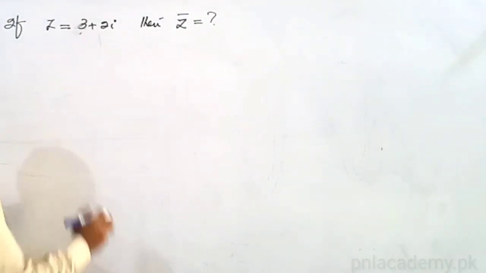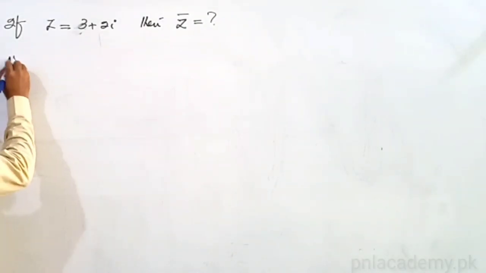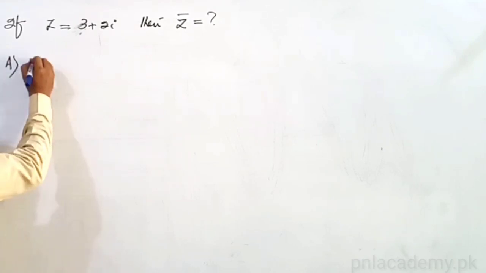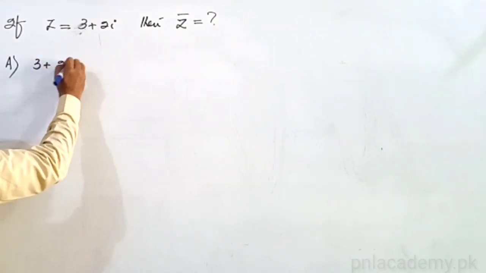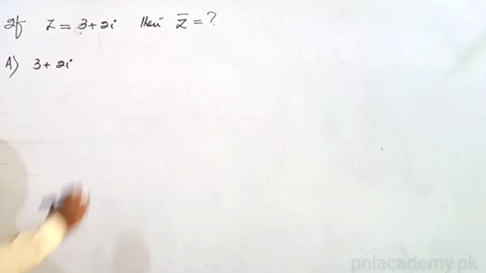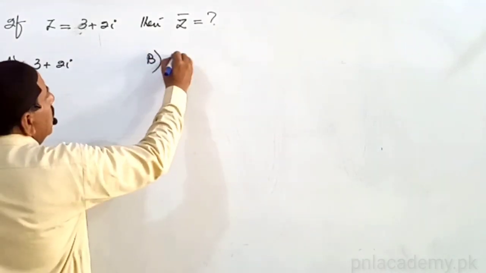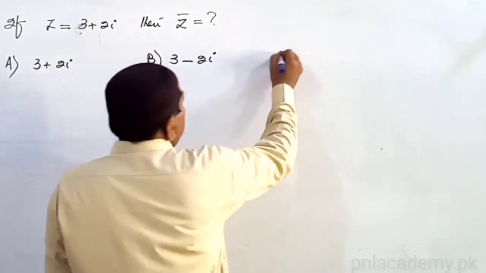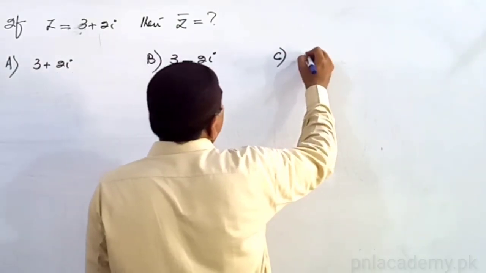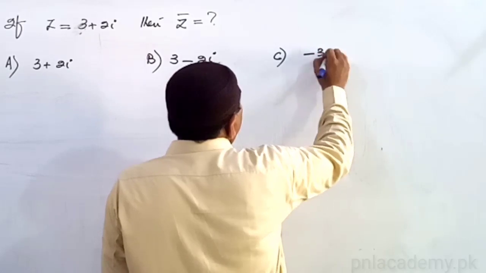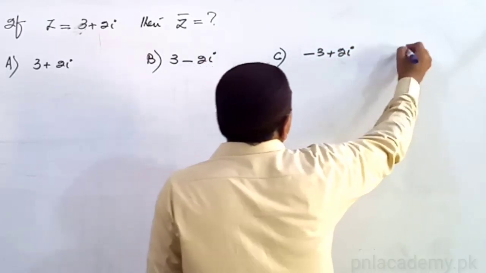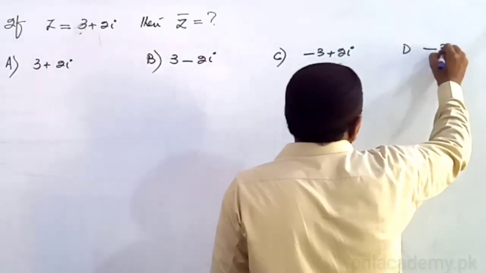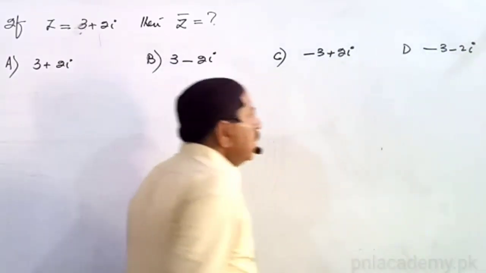So you also know A is the option, 3 plus 2 iota same, B is the option, 3 minus 2 iota, C is the option, minus 3 plus 2 iota, D option, minus 3 minus 2 iota.